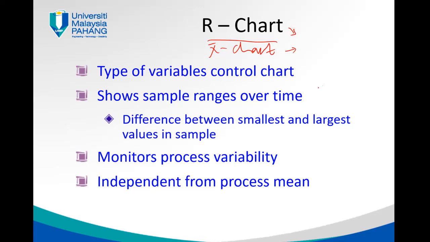It shows the sample range over time, so we want to observe the range of the data: the difference between the smallest and largest value in the sample. I already explained how to calculate the range earlier. And it monitors process variability independent from the process mean. This means the R chart does not have any relation with the X bar chart, but we need to use these two charts together.